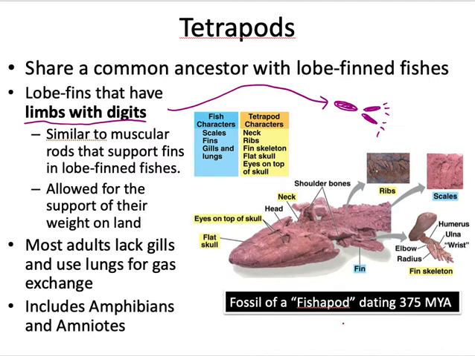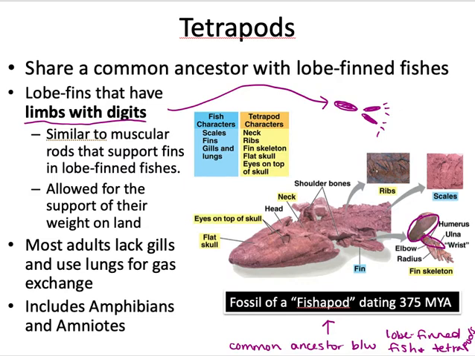And this right here represents a fossil that represents the common ancestor between the lobed fin fishes and tetrapods. All right, and in this fossil right here, you can see the structure of that fin has one bone.